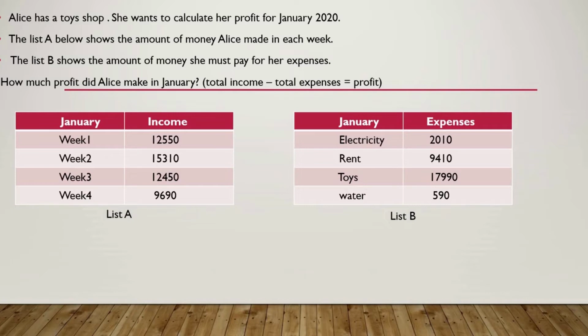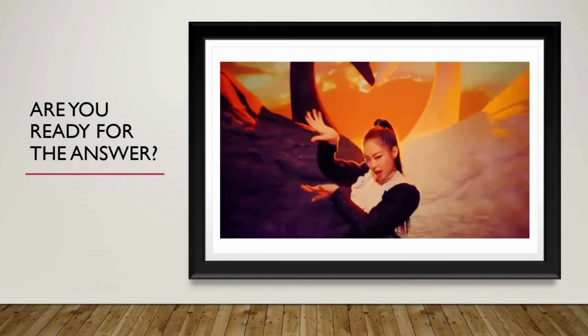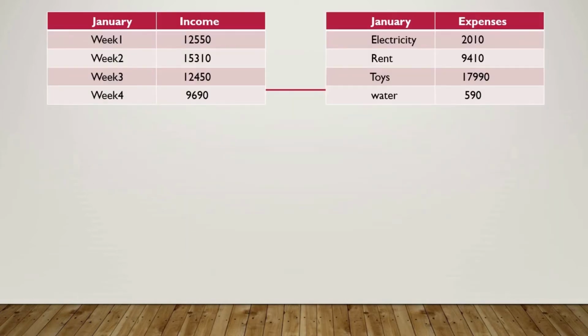So let's check your answer. First we will calculate her total income. 12,550 plus 12,450 plus 1,500 plus 15,310 plus 9,690.